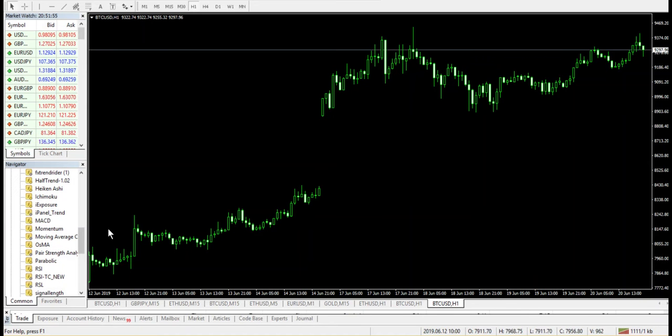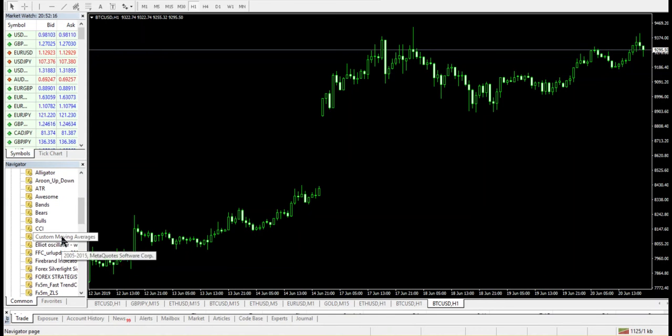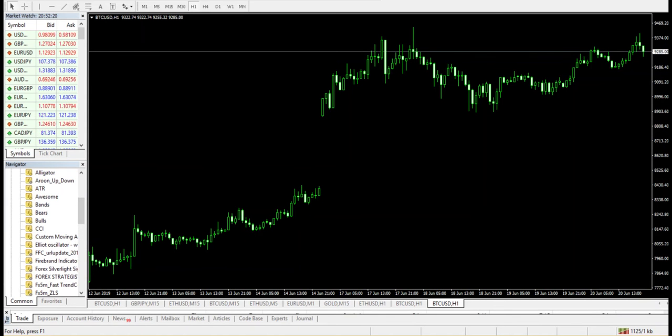What I like to do is come in here and put some stuff on that'll help us, like a moving average. This is moving average cross. We're looking for custom moving average. Here it is. Make that larger.